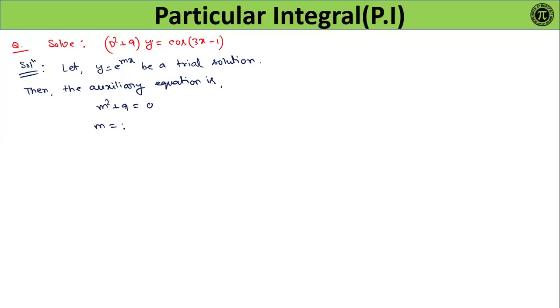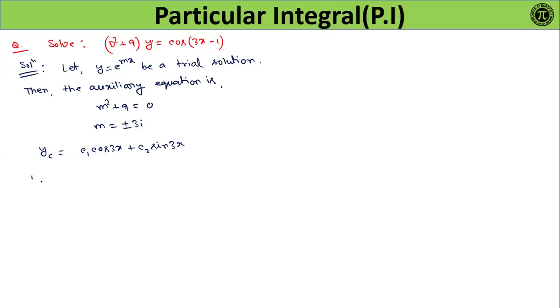This implies m equals plus minus 3i. So yc is equal to c1 cos 3x plus c2 sin 3x. Here the real part is 0, so e to the power alpha x will be 1. So yc is equal to c1 cos 3x plus c2 sin 3x.